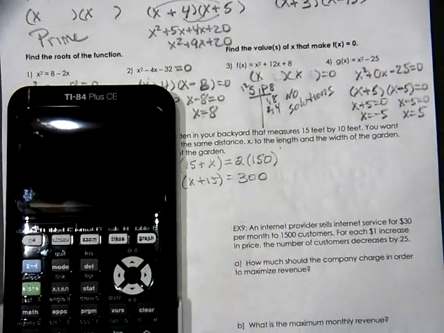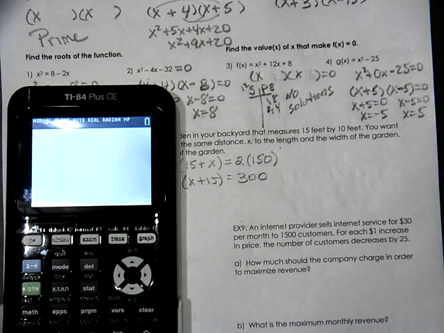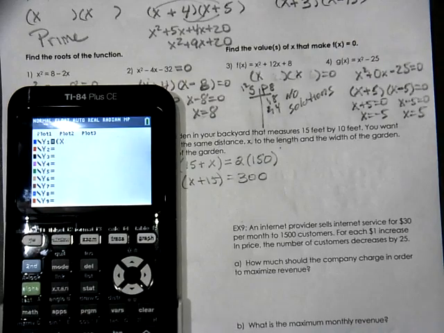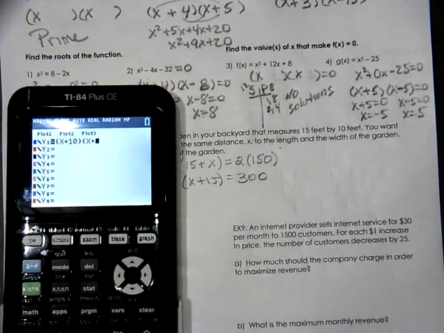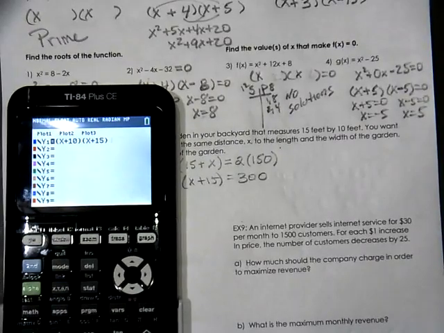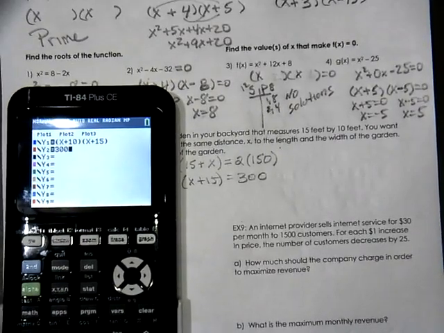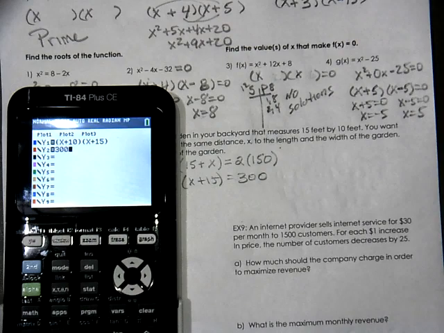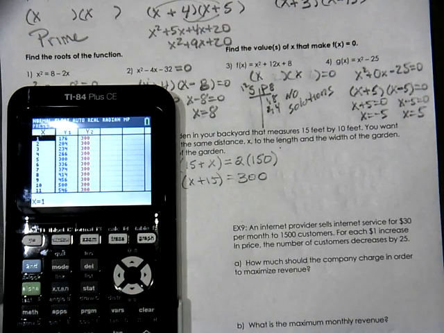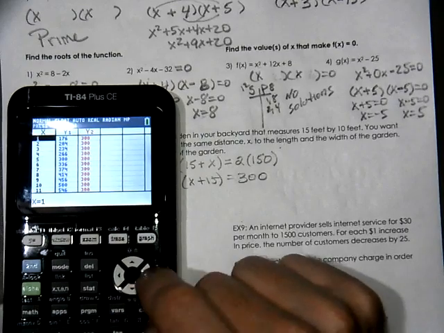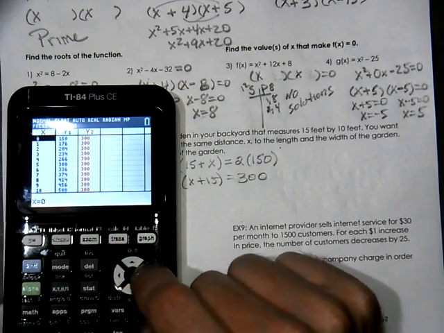We could take our graphing calculator and go to y equals and type in our equation of x plus 10, x plus 15. We want to know where this equation equals 300. If we go to the table, we can find out that 300 for x, right?